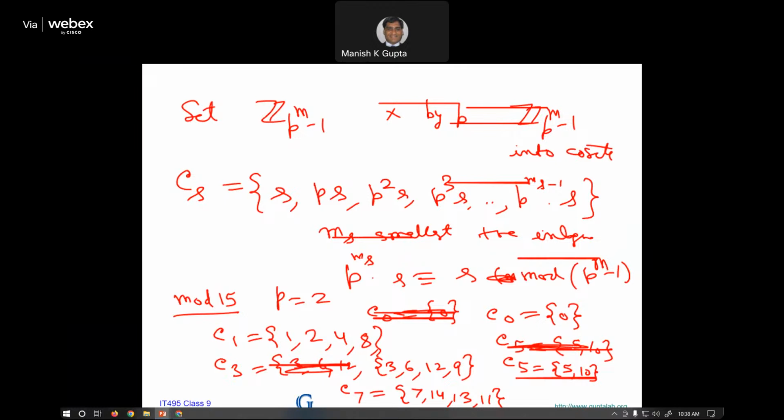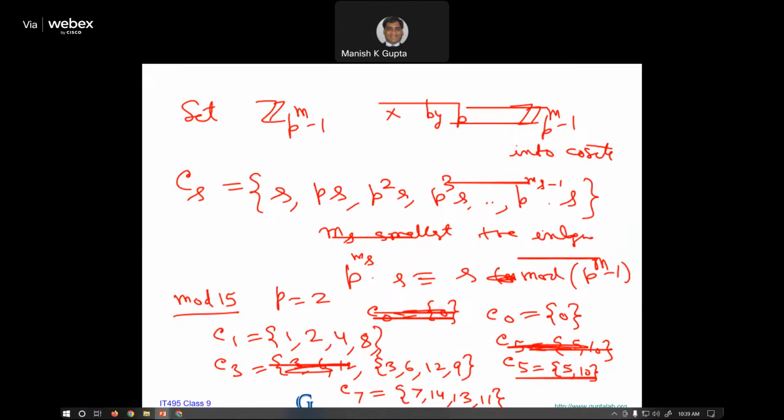Okay, so what you do? Cyclotomic coset, C_S, means the cyclotomic coset containing the element S. You start with S and for some prime P, you multiply P into S, then P square into S, P cube into S. Keep on doing this until you get back the original thing.